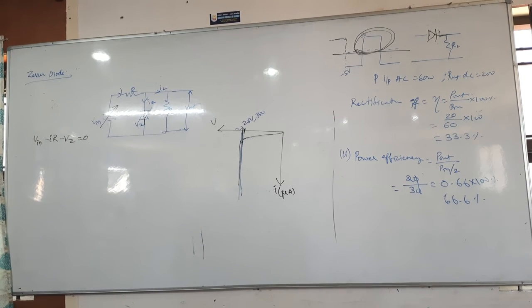Next point, if it is in forward bias, then it will be like a normal p-n junction diode.